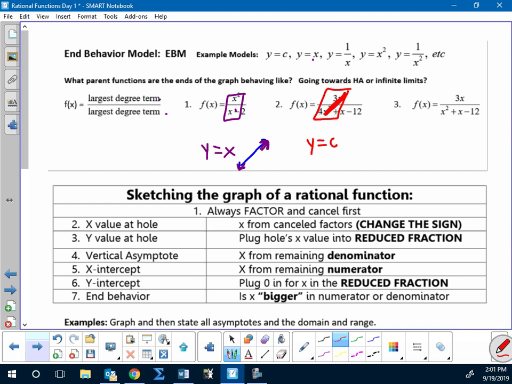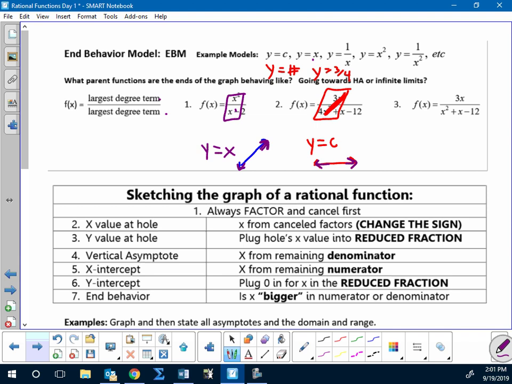So if your x's will cancel, it's y equals c. Y equals c is just the generic form of like y equals a number, any number. So here, wouldn't we write y equals 3/4, like from the previous slide? Yeah, we would, and 3/4 is just a number. Y equals 3/4 is a horizontal line, so that means the end behavior of my graph is going to go left forever and right forever and do some funky stuff in the middle.